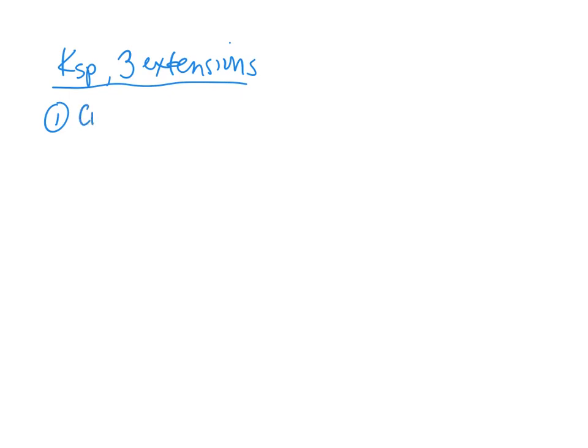Today we're going to talk about three extensions of the KSP idea. As mentioned in the previous video, we'll talk about the common ion effect and how that affects KSP. Then we'll talk about whether you can predict, spoiler alert, you can, whether mixtures will form precipitates or not.